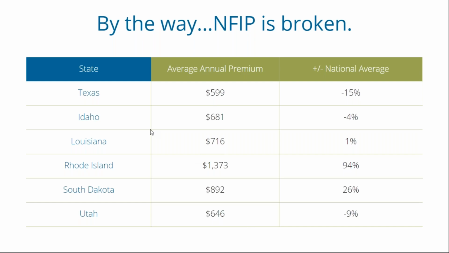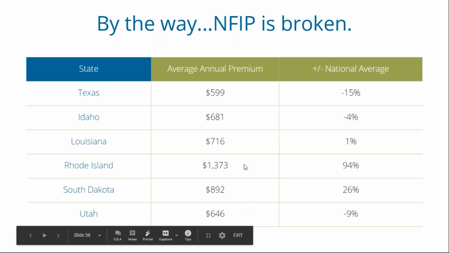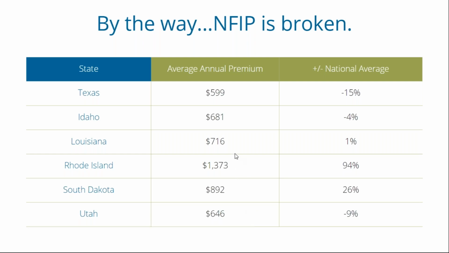And we know that across the nation, Texas has been subsidized by every other state. We pay among the lowest amount of premiums than any state in the nation for the exact same flood insurance. They have a lot of hurricanes in Rhode Island and South Dakota, and no, we've been subsidized.